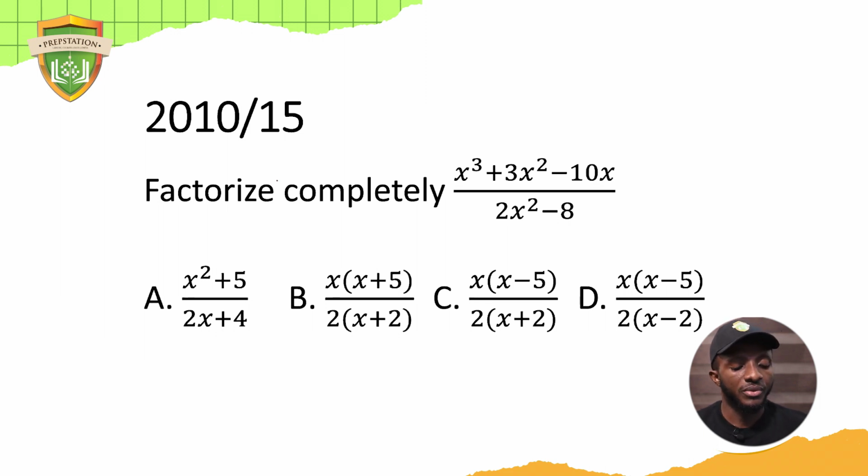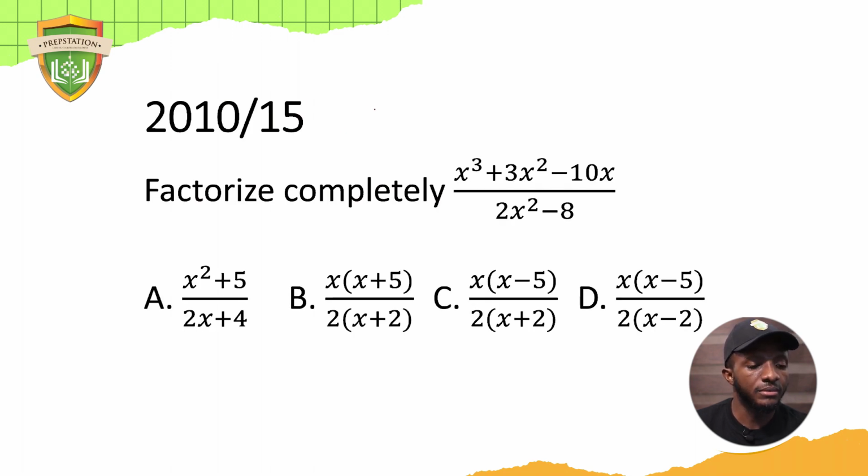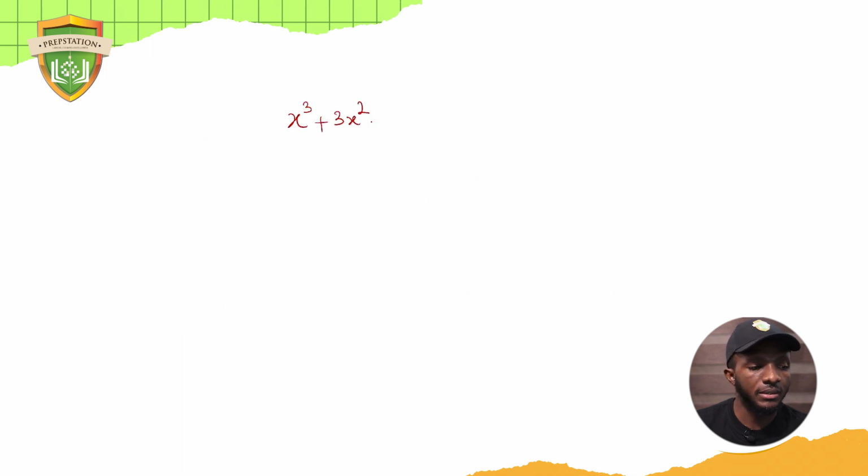So this is what we're going to do. x cubed plus 3x squared minus 10x over 2x squared minus 8. Now look at this. Something is common. That's why we're told to factorize. If you look at the numerator, the one on top of the fraction.